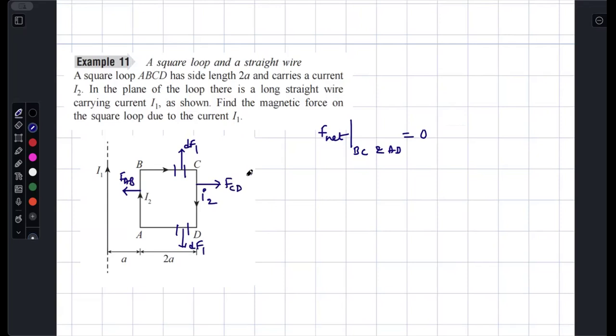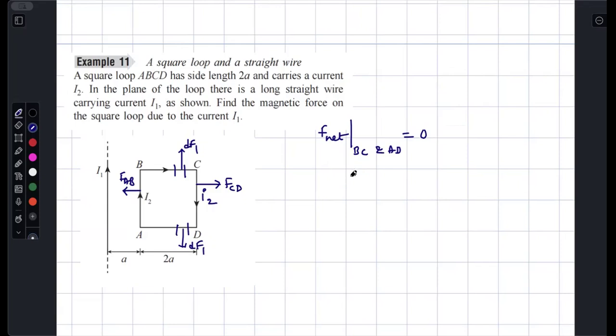Nidhi, why have I written rightwards on CD? The main current carrying conductor I1 and the element CD carry current in opposite directions. So I have shown that opposite. Whereas the main current carrying conductor I1 and the current carrying conductor AB carry current in the same direction. So there is attraction.